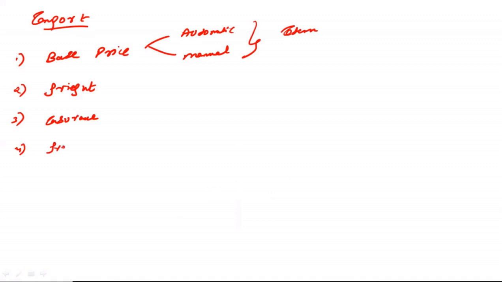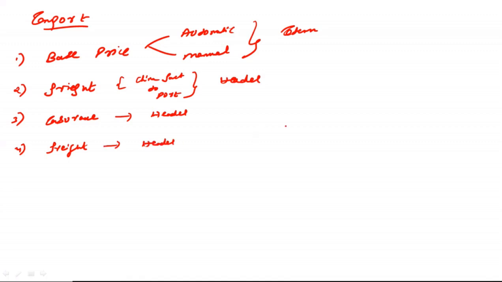Then again you have the freight. This freight is from China factory to port. Okay, this can be at header. Then you have the insurance. Insurance can also be on header. Freight is also on header. Okay, this freight is an ocean freight.